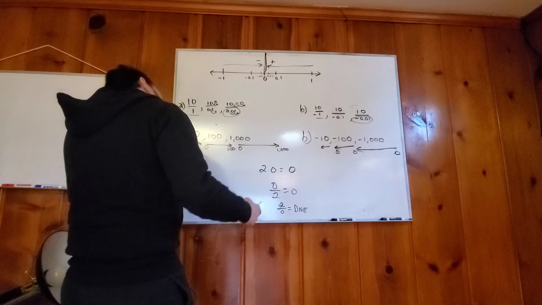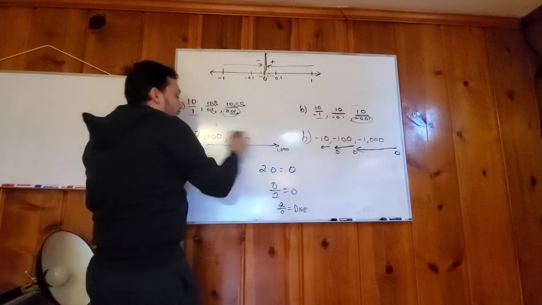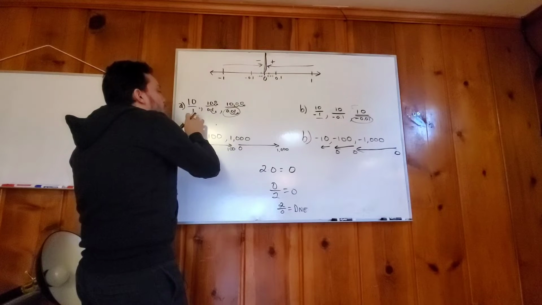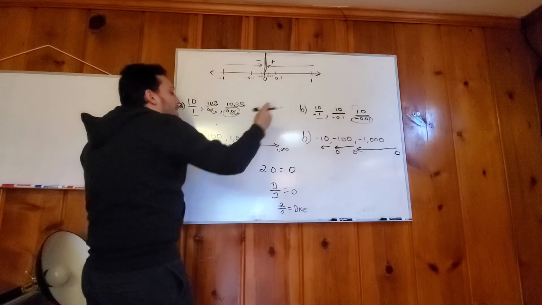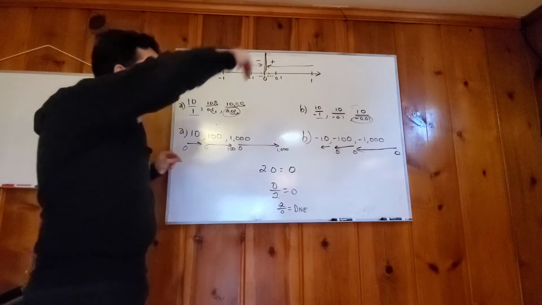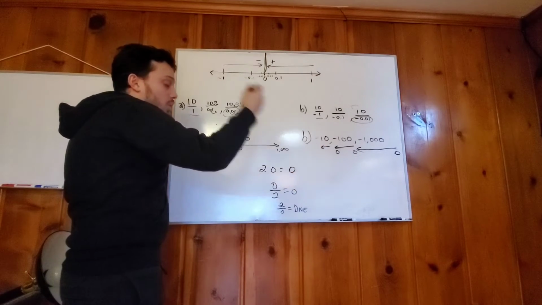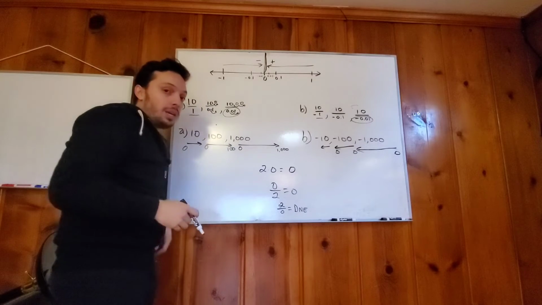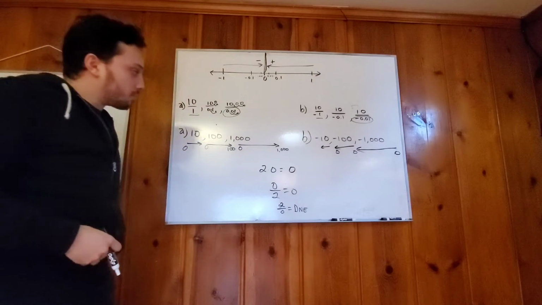Okay? If we approach it from the right, we're going to get a bigger and bigger number, further away from it to the right. So that's interesting. Okay? Keep that in mind.